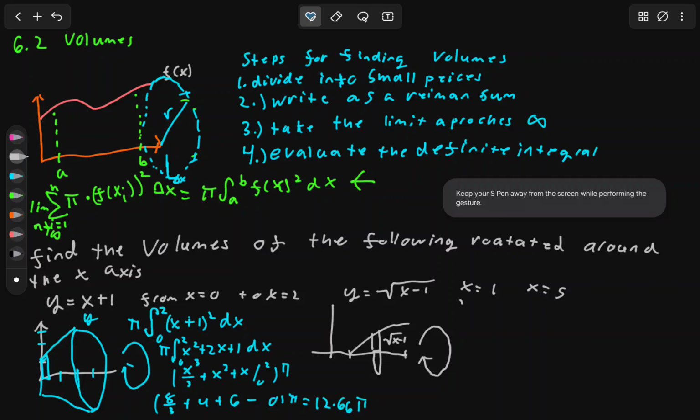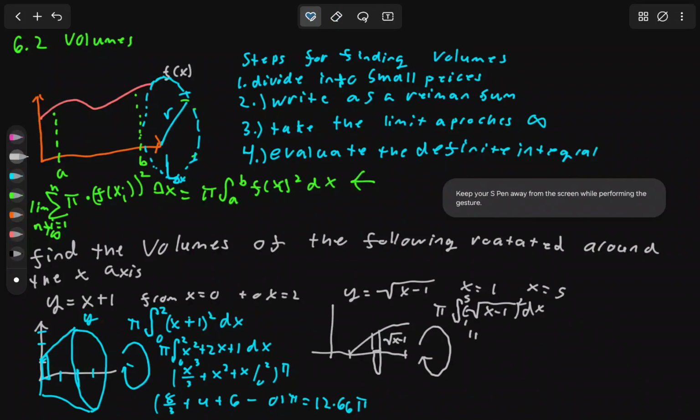So we're going to say that this becomes the integral of the square root of x minus 1, squared, times pi from 1 to 5 dx. Integrating this function, I'm going to say that u is equal to x minus 1. Oh wait, sorry, I forgot to square this, so this actually doesn't need u-sub.